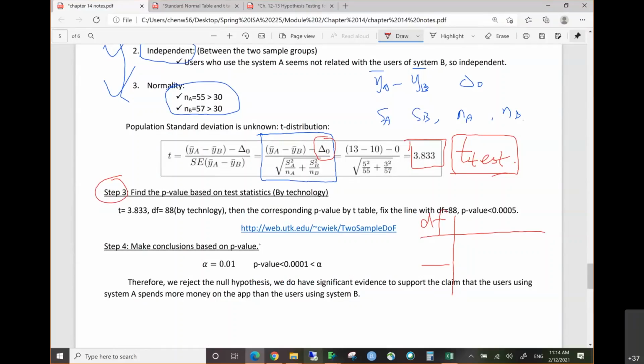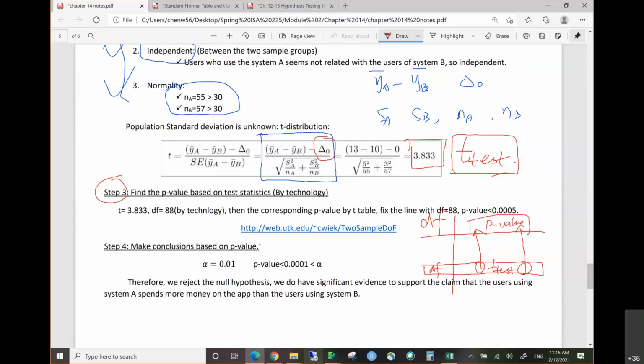We need to first fix the line of our degree of freedom and then see our test statistics is between two values. We will find the range of our p-value. Okay, so now we have our t-test statistics ready as 3.833.